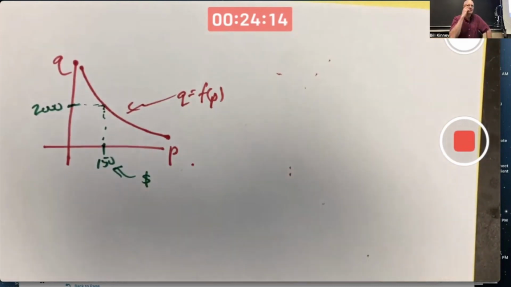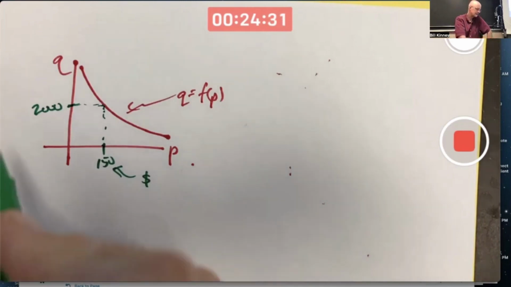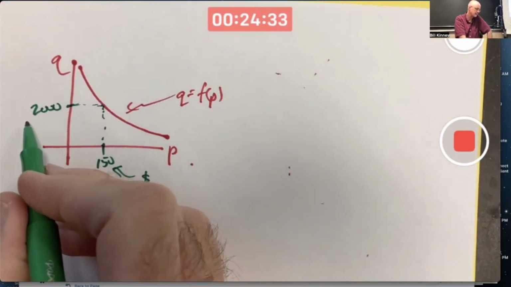That certainly is a typical unit used for price. It might not be a bad idea to think of the units slightly differently as dollars per item, dollars per bike. Let's leave it at dollars at the moment. The quantity sold is the number of items, the number of bikes.